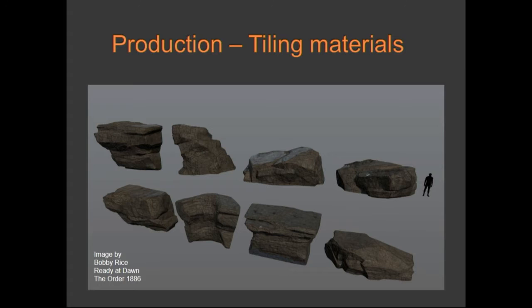So here are some rocks from The Order. And as you can see, they still have those nice high-quality shapes in them, even though they're all using the same materials. This workflow, of course, speeds up your iteration and variation creation times, as you don't need to retexture and so on each individual asset.